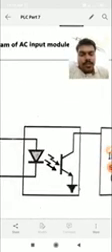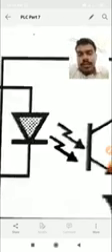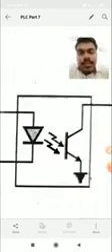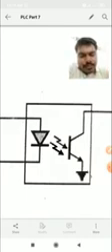Isolation is accomplished by the input signal. The input signal energizes the LED diode, which transmits a signal of light energy to the receiver in the form of a photoconductive diode. So the LED converts the electrical signal into an optical signal, and this optical energy is absorbed by the photoconductive diode.